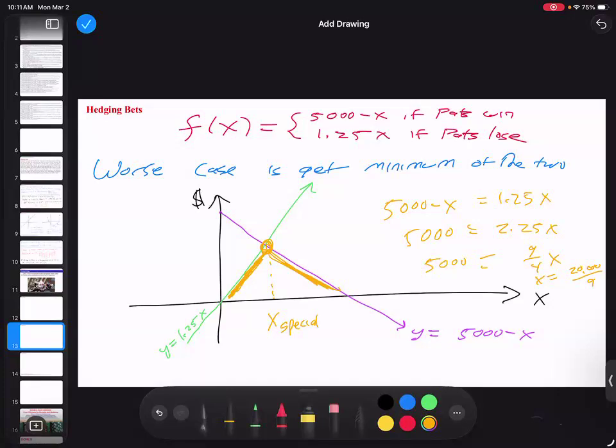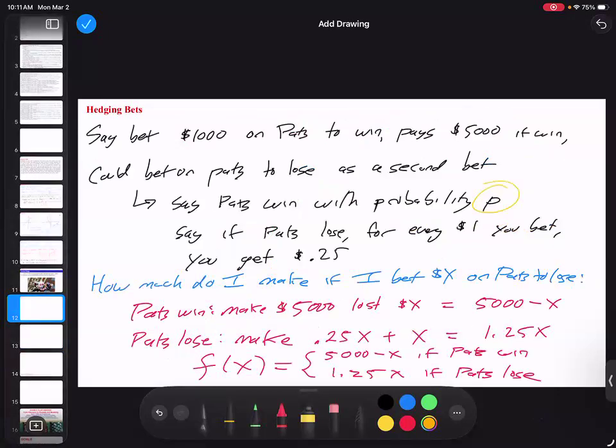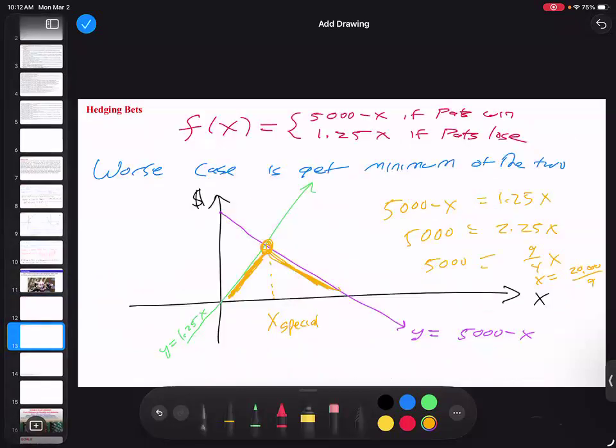Try to do the expected value case to figure out on average how much you would make, and that's going to depend on P. If you're making a bet like that, it really depends on how much knowledge you have on the likelihood of the Patriots winning or losing. But if we're only concerned with a guaranteed minimum, we can figure out what that is. Now that we know that X is 20,000 over 9, we can plug that in here and see how much we're guaranteed to make.